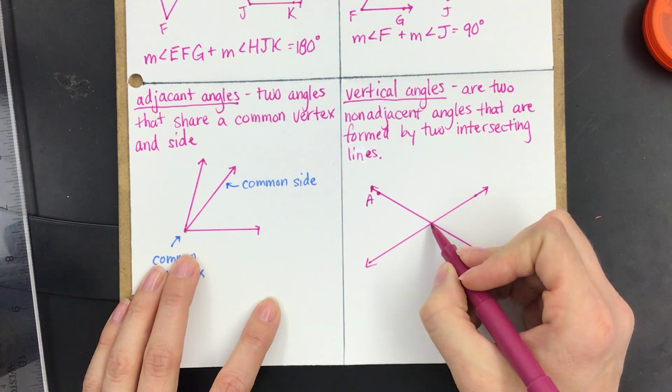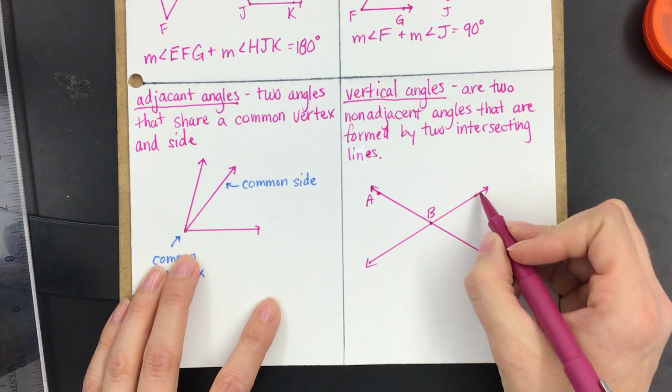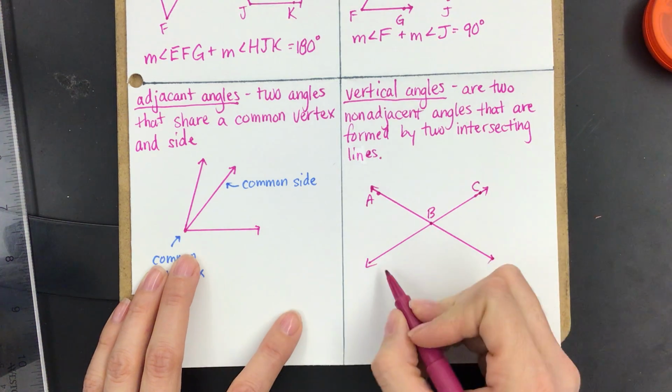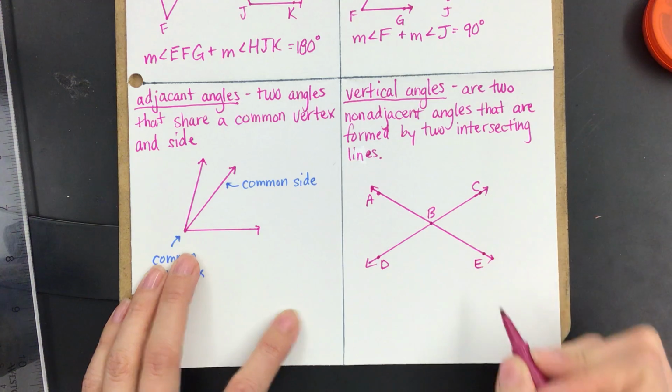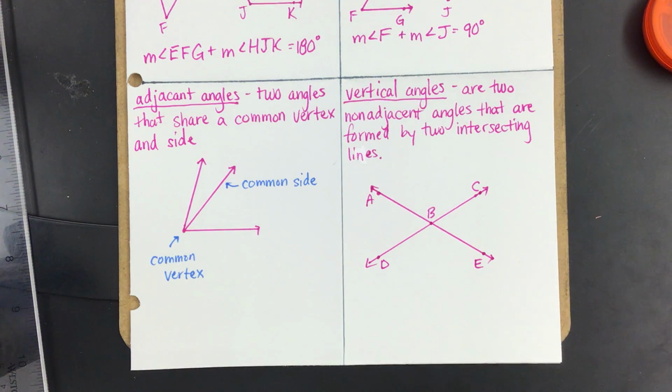We're going to call this A, B, C, D, E. Okay, I'm going to show you what happens with vertical angles on patty paper. If you've never seen this, stuff is awesome. It's like tracing paper, and you're going to use it a lot next year in IM1, for various things you'll be doing.